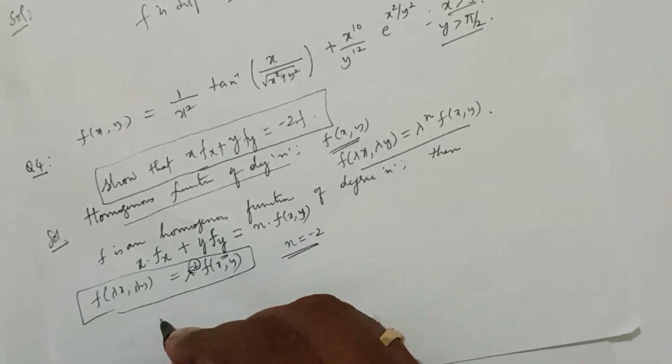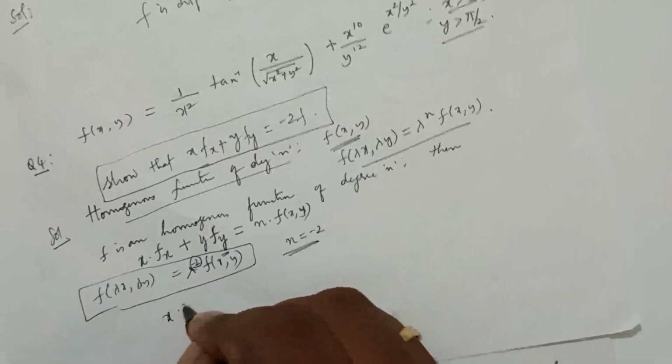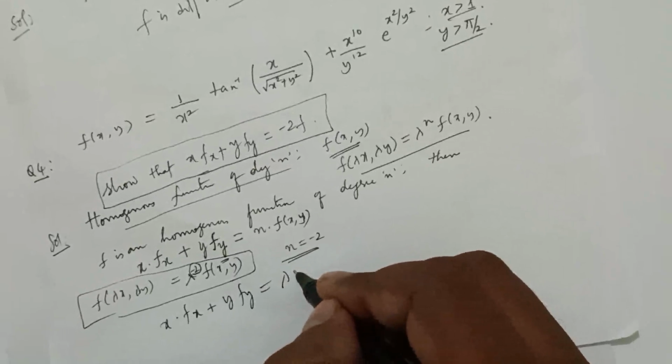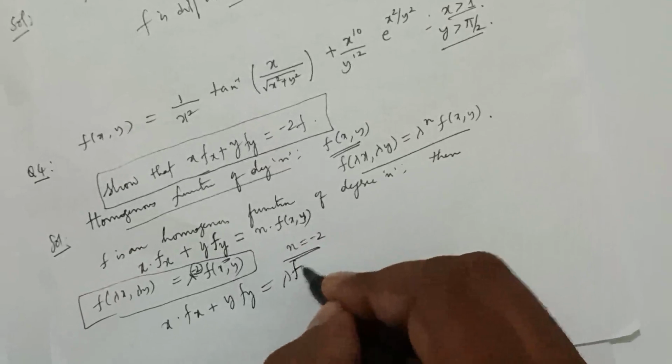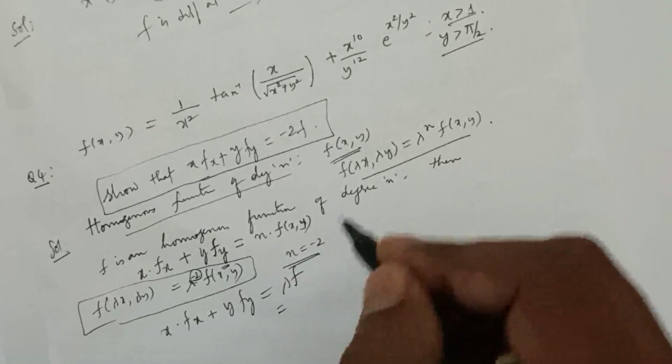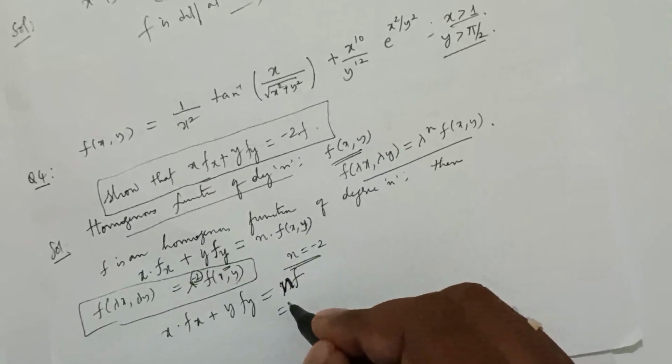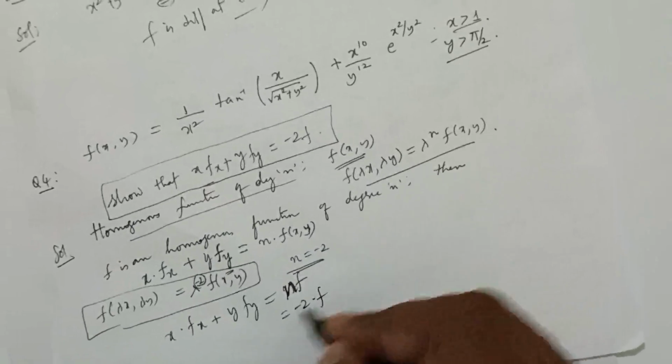So you will get x into fx plus y into fy equals n into f. n is minus 2, so you will get minus 2 into f.